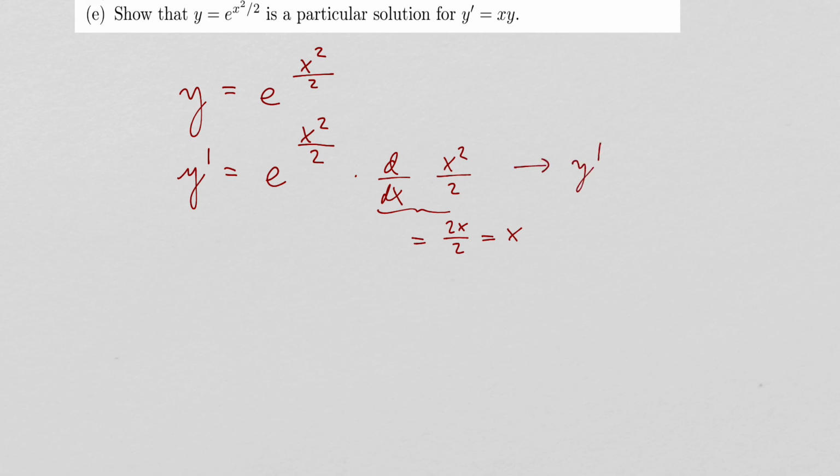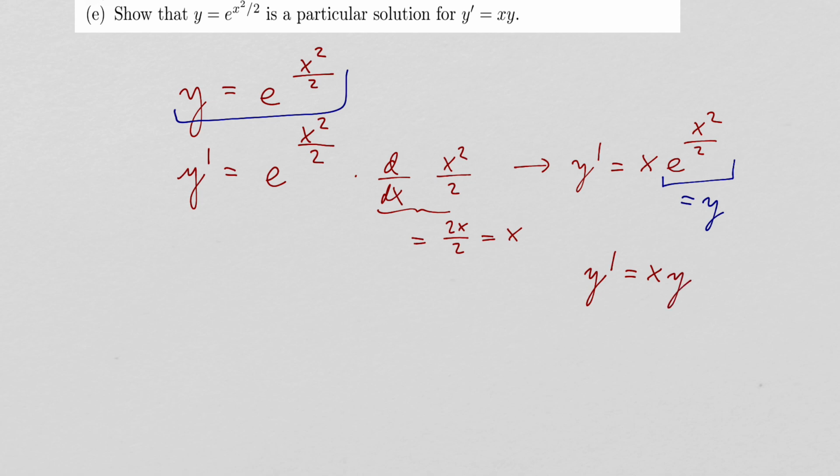So derivative of y is x times e to power x squared over 2. Now we can recognize what this function here is, based on the task we were given. It is equal to y. So we get that the equation y prime equal to x times y is true. That was the task.